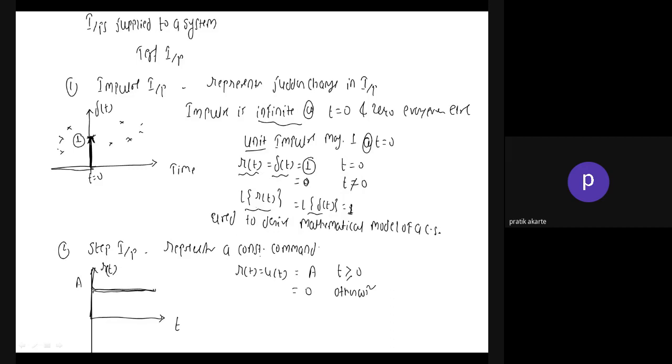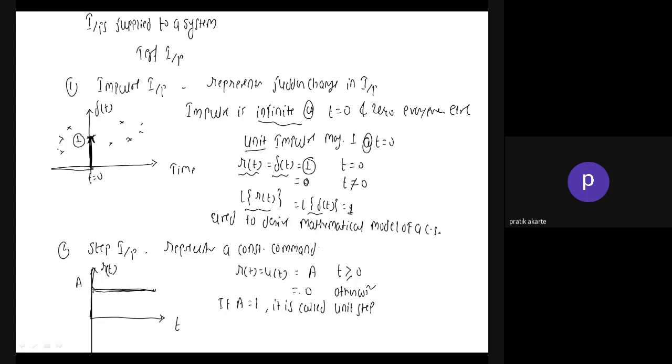Going back to the step response. In step response, we have given a command, an input signal, and if this A, whatever the A we are calling, is equal to 1, again for the sake of example, it is called a unit step.